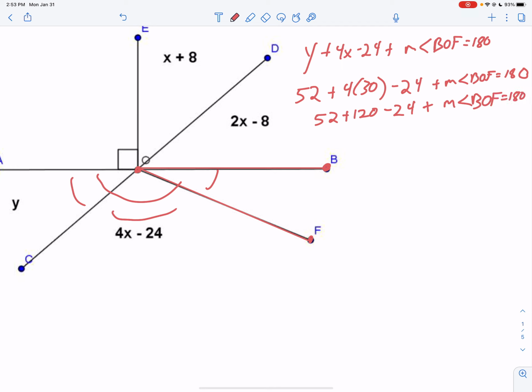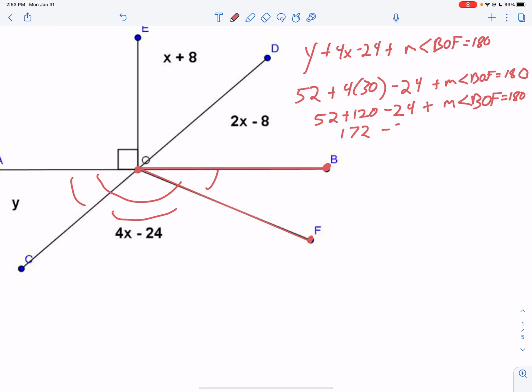Let's continue writing this. 52 plus 120 is 172. Plus minus 24. Oops. I made that mistake in my other video, and I made the mistake in this video. So 52 plus 120 is 172.